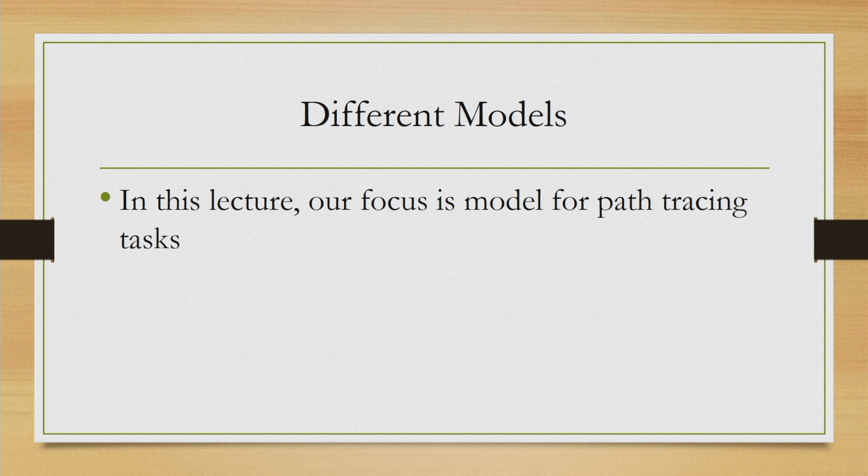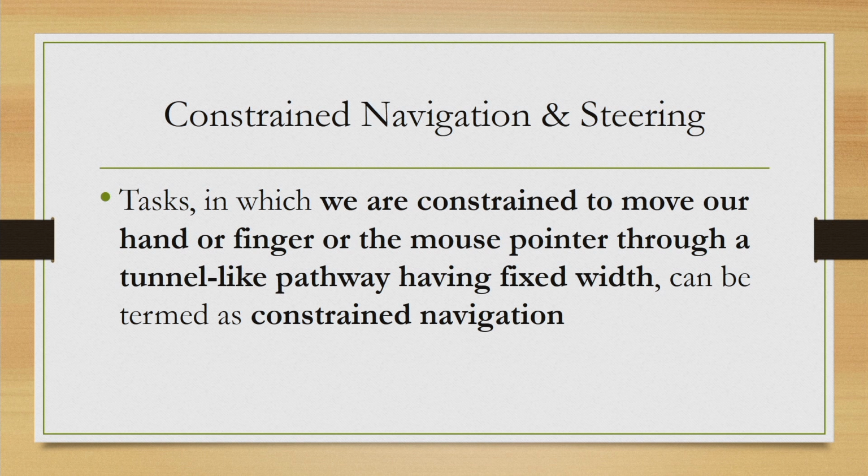We need to model the performance of a user while the user is performing a path tracing task, like the one we have seen when we discussed putting a boundary around a group of objects or around a word, or group of words, during document creation and so on. So, we have a model to compute the performance in such tasks, and we are going to discuss that model in this lecture. Before we start the model, let us define what we mean by constrained navigation.